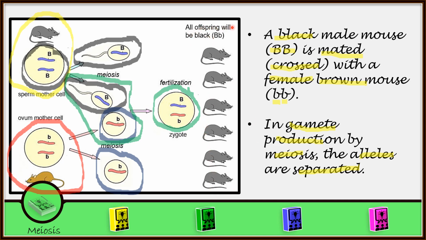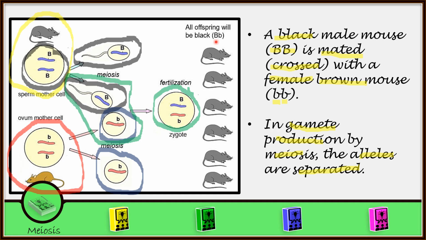These are the individuals that we are going to get. All offsprings will be black. Why? Because they have allele capital B, which is dominant, and allele small b, which is recessive. Therefore, the presence of a dominant gene is going to suppress the activity of the recessive gene. The recessive gene is indicating that the coat color should be brown, and the capital B is indicating that the coat color should be black.